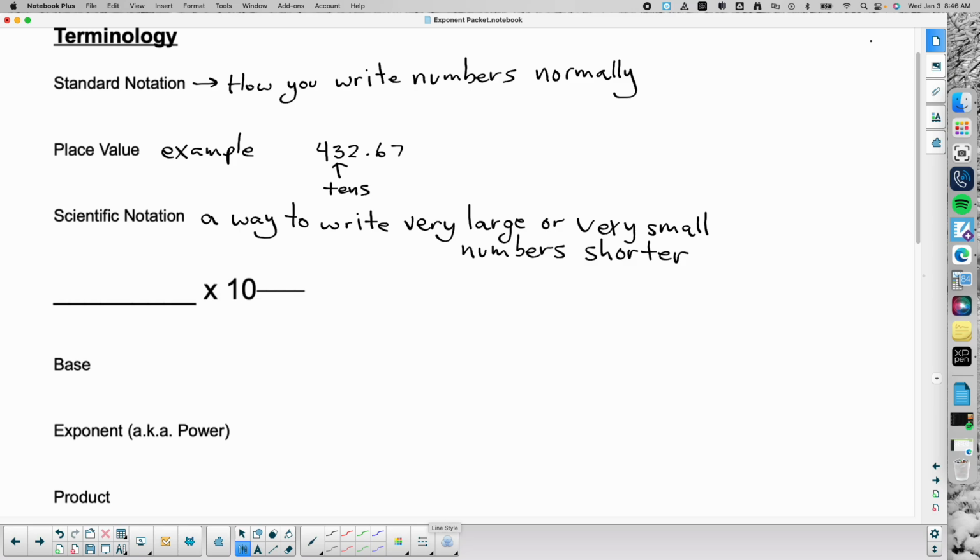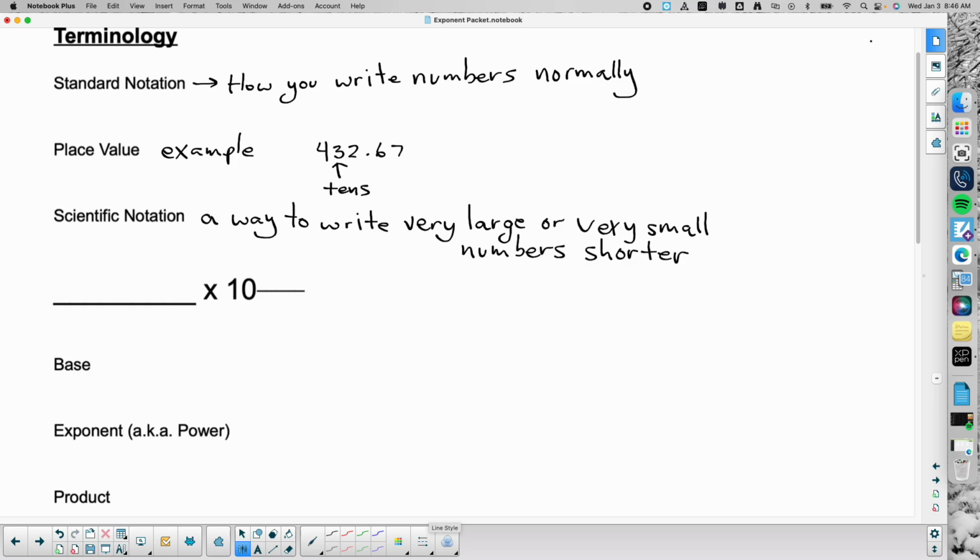Now they call it scientific notation because frequently very small numbers and very large numbers happen often in scientific areas. Like if you're counting up number of molecules, if you're measuring how large or how small something is, that frequently runs into in scientific areas.